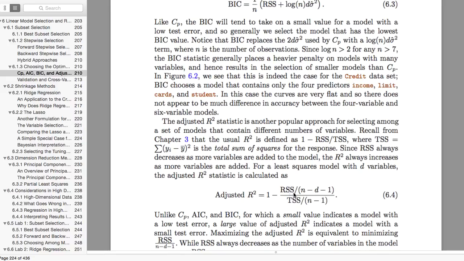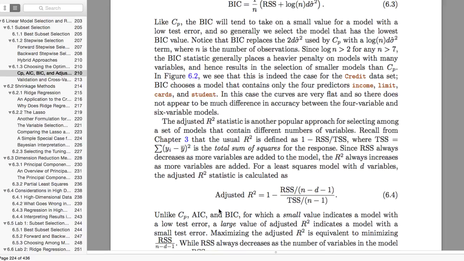R squared is a little bit different. Adjusted R squared is the same as R squared, except that we have degrees of freedom calculated in here, so that if we add unnecessary variables, there's a penalty. So this is the most typical of these. These authors are not very crazy about it because it lacks any kind of theoretical justification. But people do it, I can assure you, anyway.